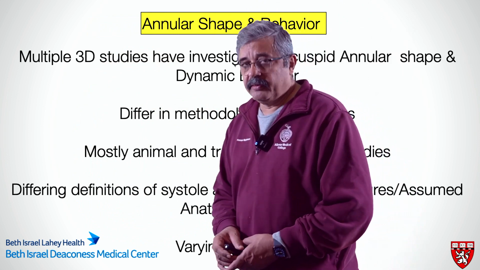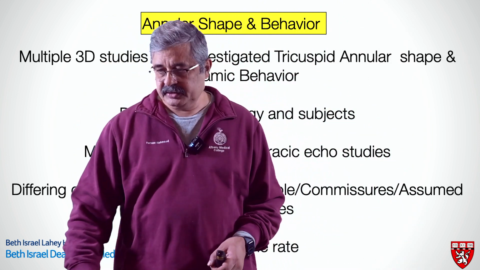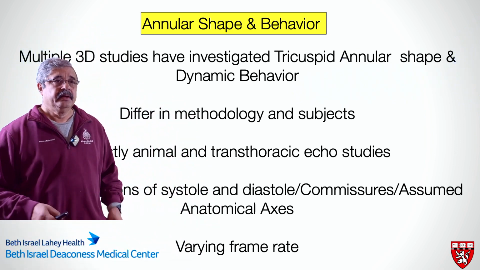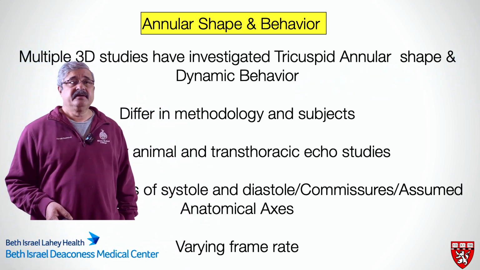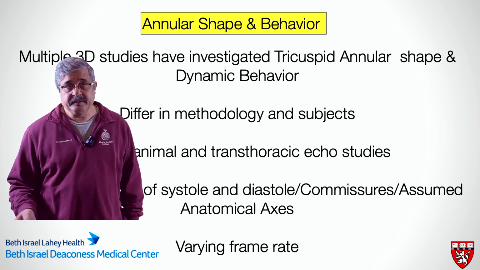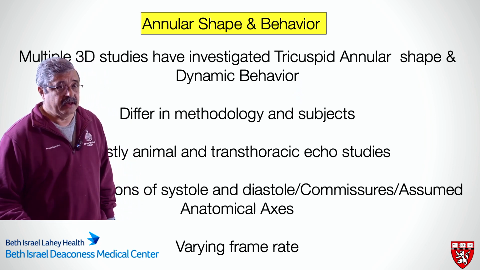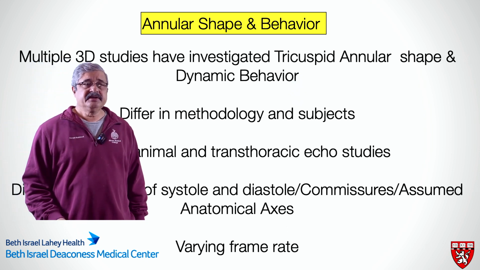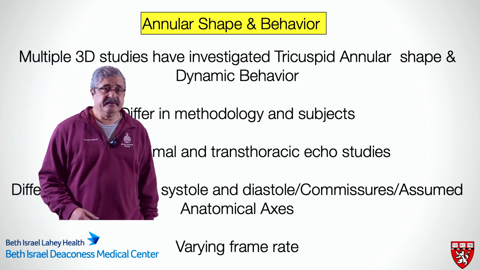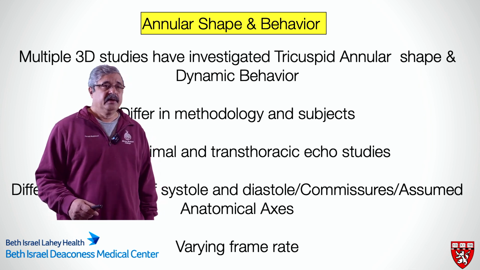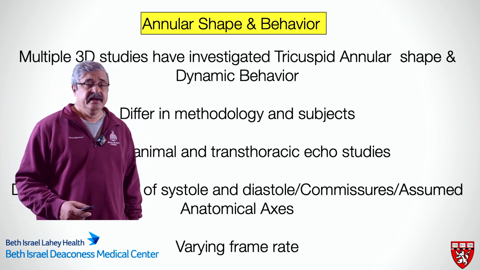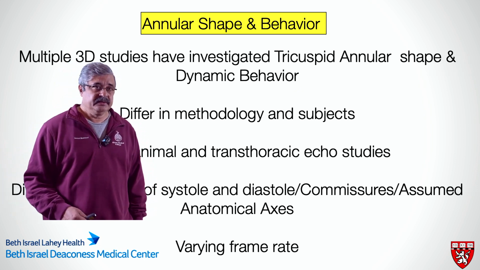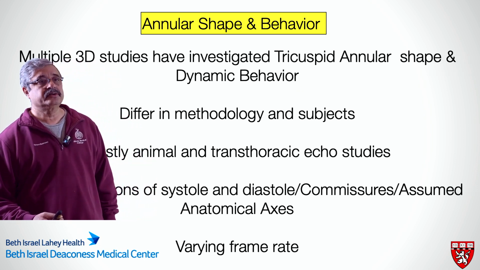So now going over the annular shape and behavior. Just to go over the fact again that multiple 3D studies have investigated tricuspid annulus shape and dynamic behavior. They differ in methodology and subjects, mostly animal and transthoracic echo studies, and variations and differences in the definition of systole, diastole, whether it was done in mid-systole, diastole, and had varying frame rates and number of heart frames that were analyzed, because 3D imaging is not controlled for heart rate.